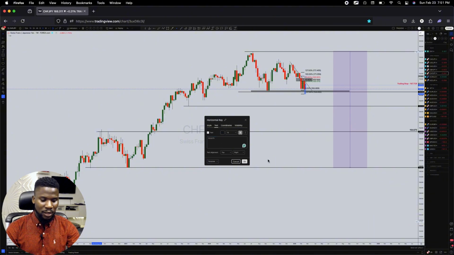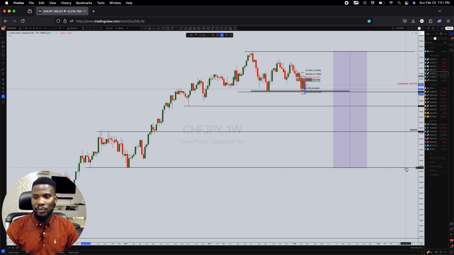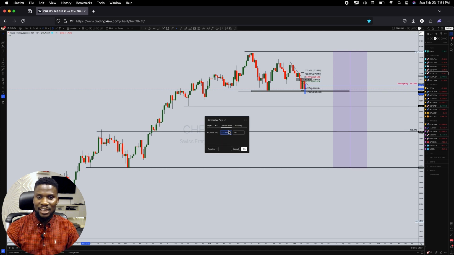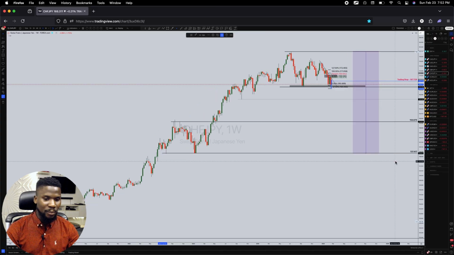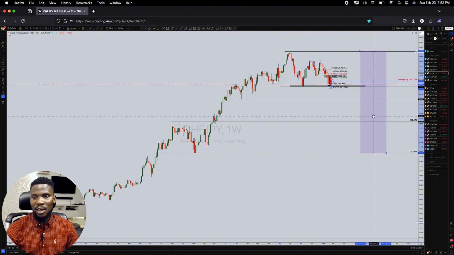Control C, Control V. So I'm looking at 150. That's the first area we can start anticipating for a very big challenge. And this is the last place, that's 137. That would be the ultimate area to actually target right here. So we shall see, but I'm not holding my breath on that.